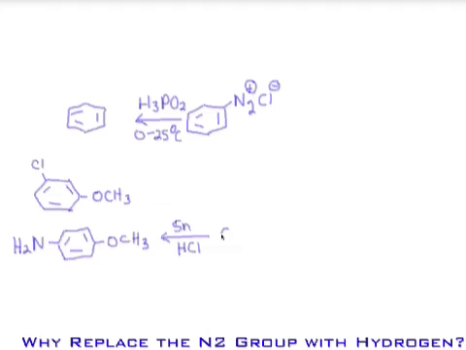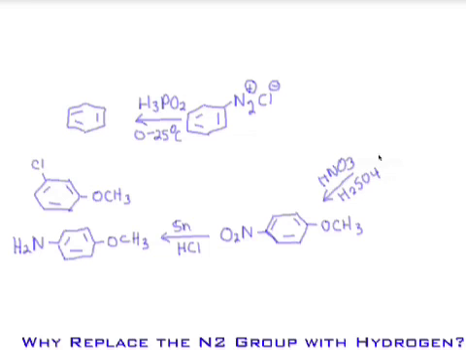So I could have had O2N. And I could have made this material by reacting anisole with HNO3, H2SO4. If I had done that, I could have gotten to my aniline.